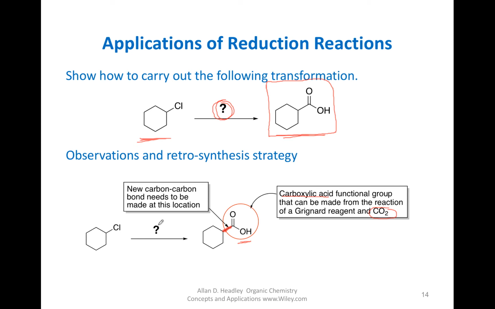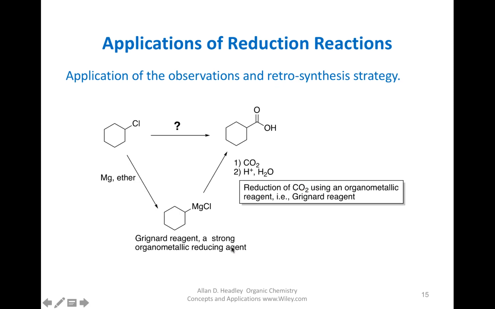So, putting all of these pieces together, how can we do that? Let's see. The first observation is this is carbon dioxide. We can reduce carbon dioxide with a Grignard reagent to get this as our carboxylic acid.